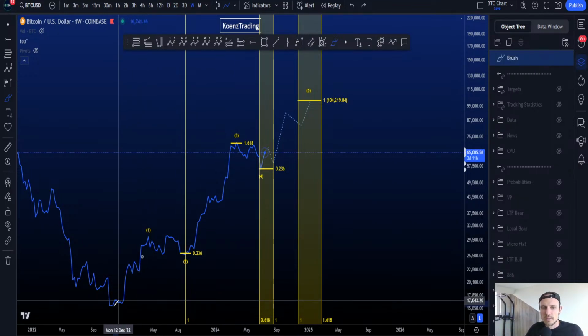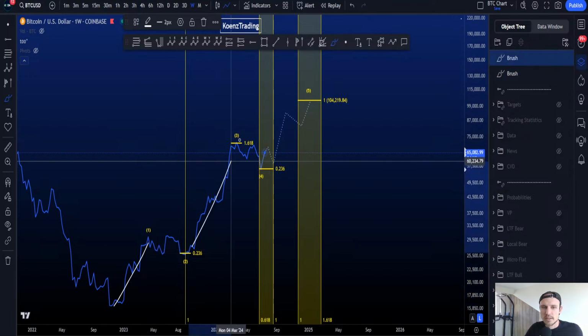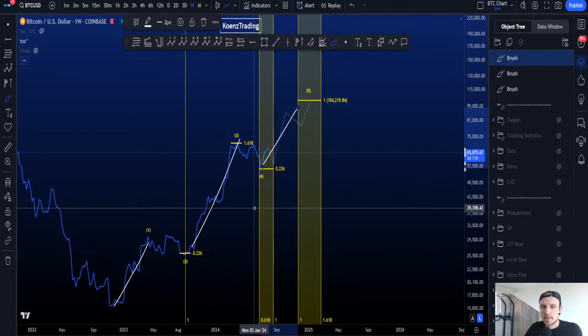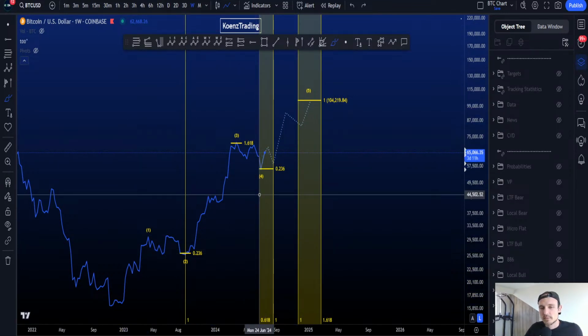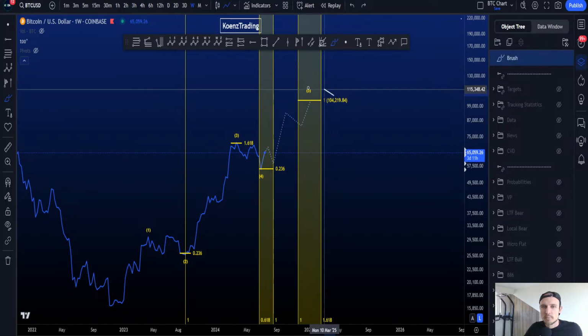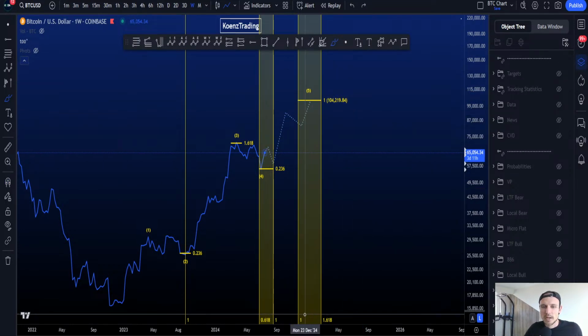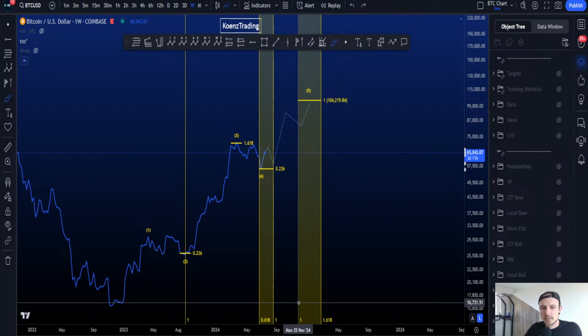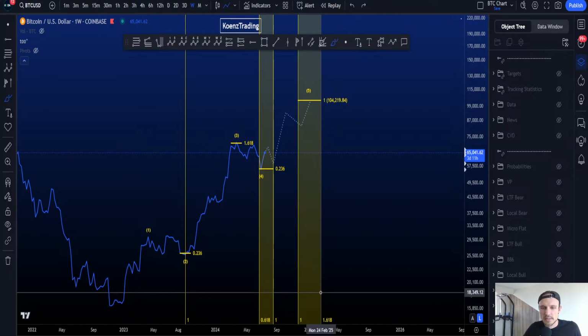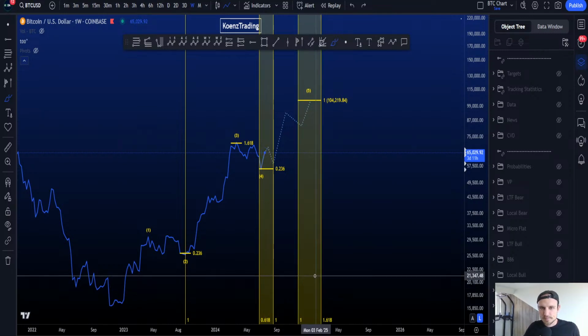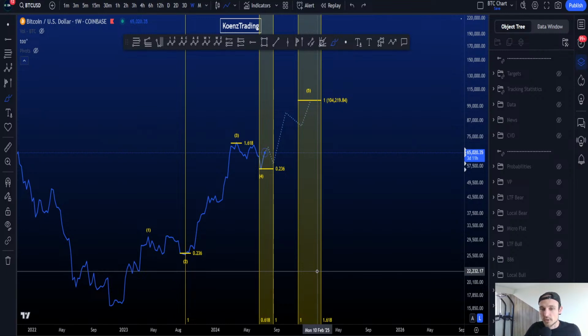So you have your wave 1 not extended, 3 extended, and then 5 mimics wave 1 in time and price, commonly. In price, that would give you a price target of 104K, and in time, it would give you a time target between the 25th of November and the 24th of February to make an all-time high on the chart at around 100K. No?